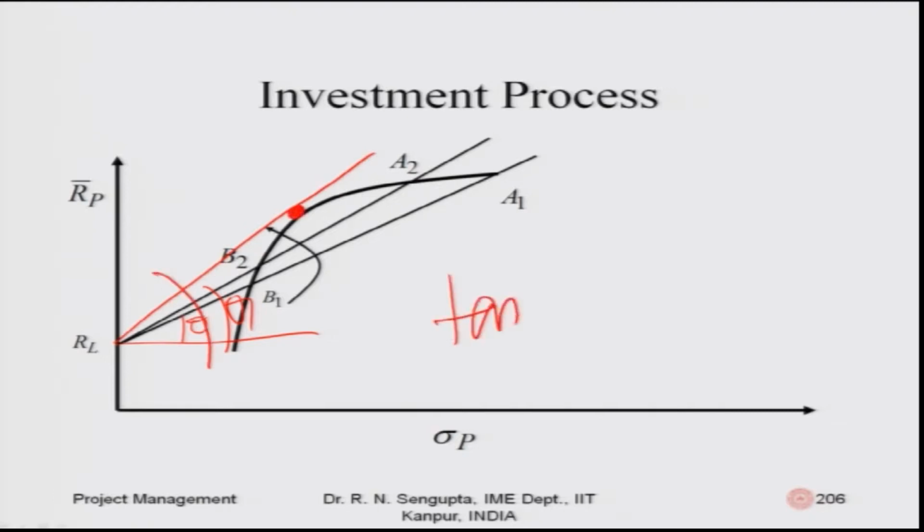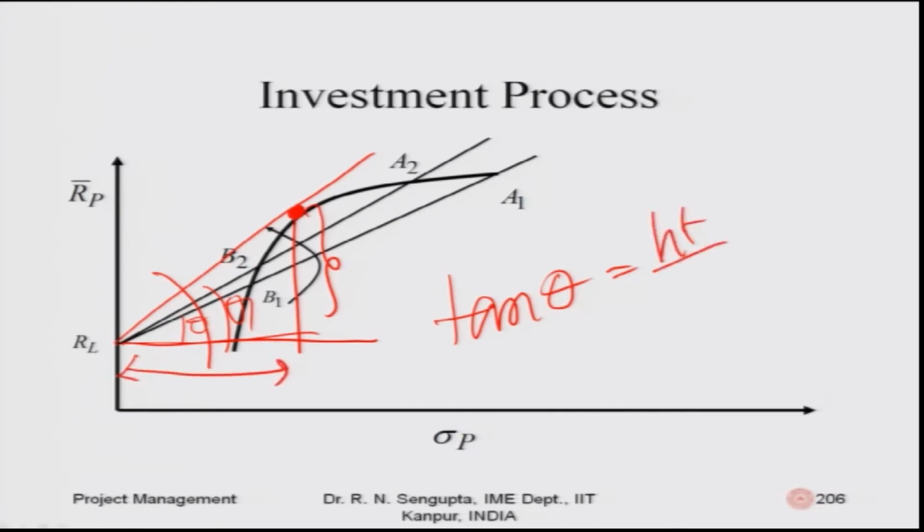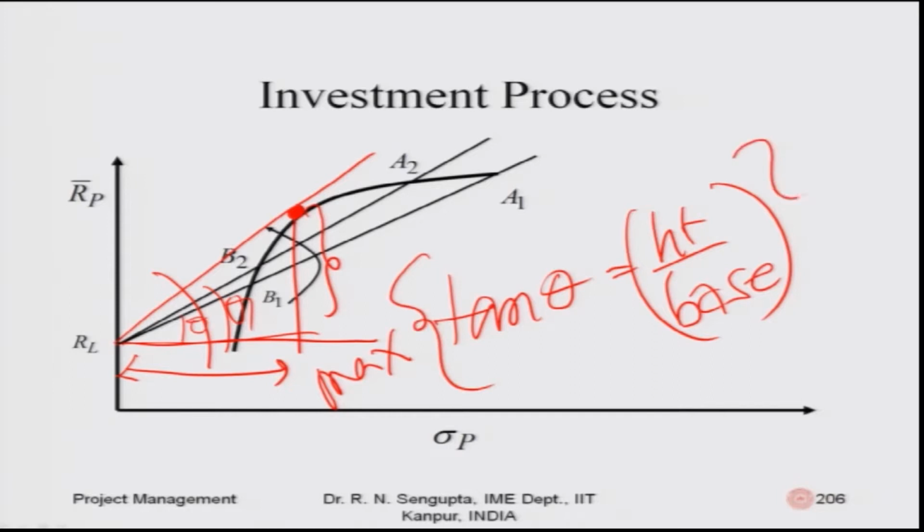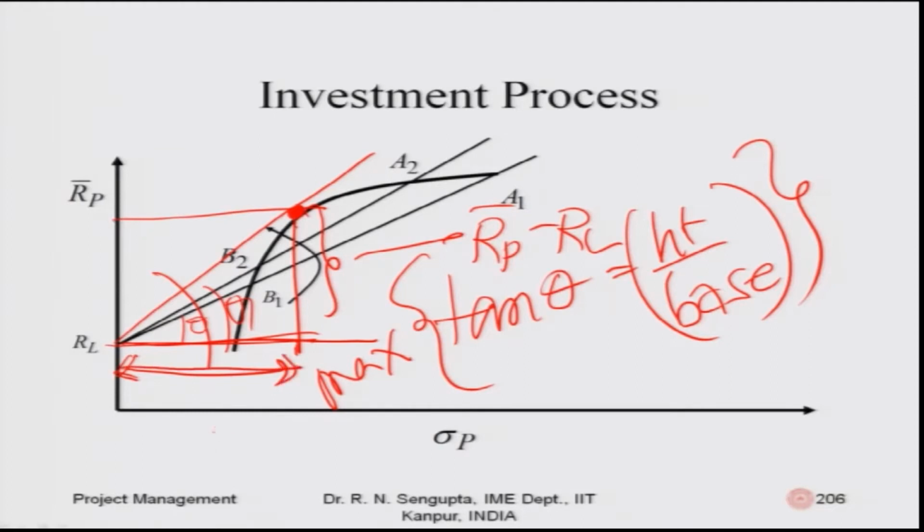So, the tan of this angle would be the height divided by the base, and I try to maximize that. If I see how the value comes, this value will be R P, this value is given as R L or R F. So, this difference is given by R P minus R L and this base is given by sigma p.